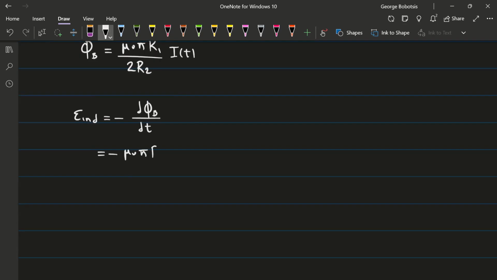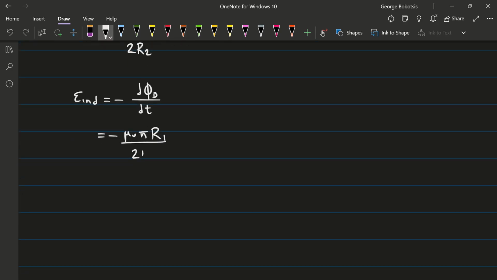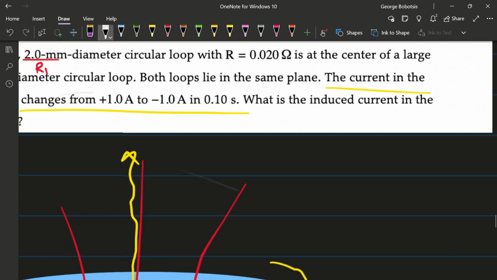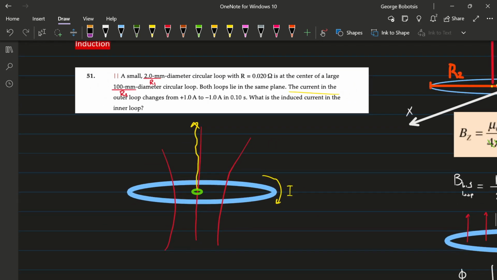So you end up having minus mu naught pi r1 squared over 2 r2, and then the derivative of the current with respect to time. And it's very easy to find the derivative of the current with respect to time because you were given some info about how the current changes linearly from plus 1 amp to negative 1 amp in 0.1 seconds.